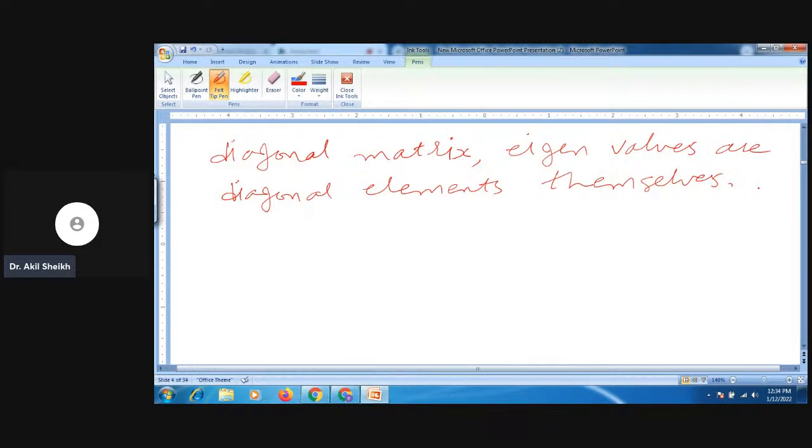It means if you are given a diagonal matrix, then its diagonal elements are the eigenvalues.